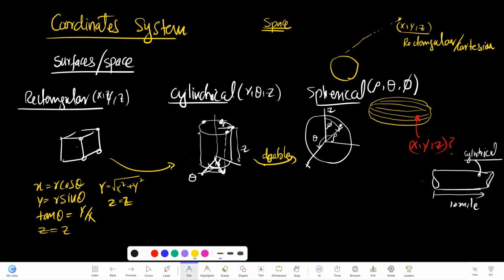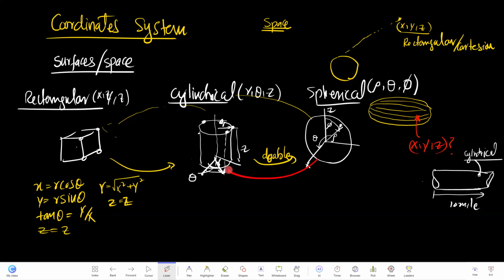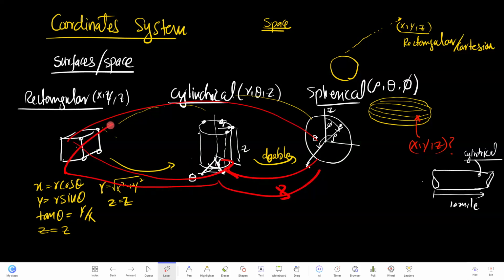What you have to do is go from here to there, and then from here to there. So the route will be just like that. You cannot go from cylindrical to spherical. You have to go to rectangular and then go to spherical.